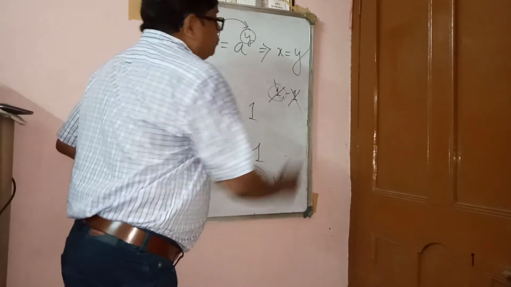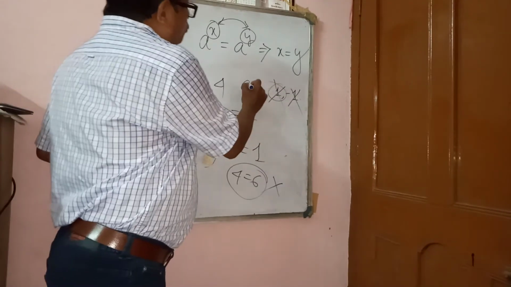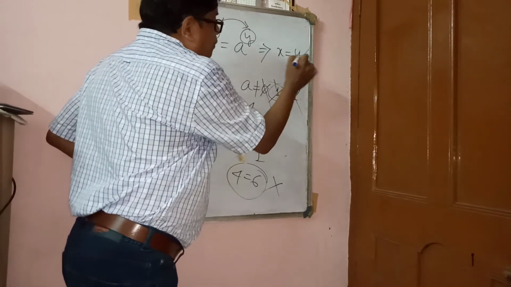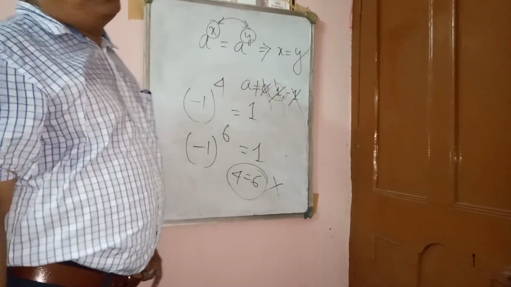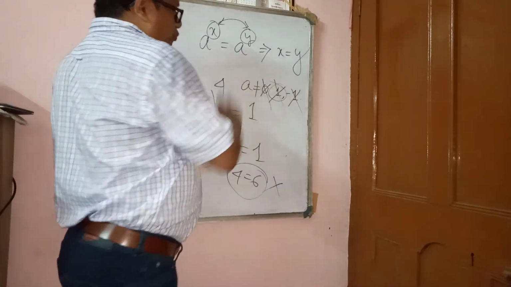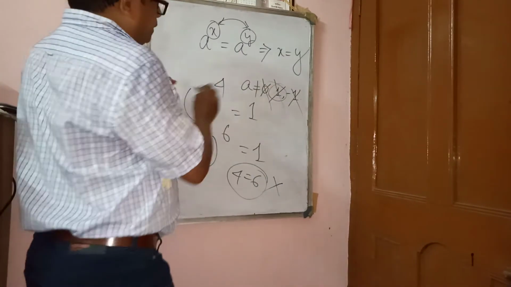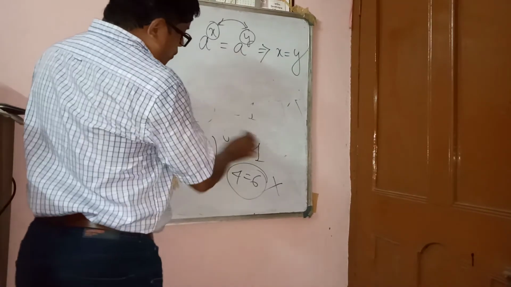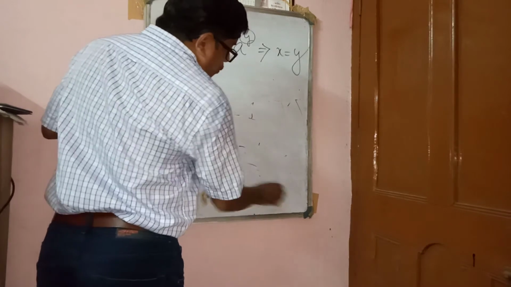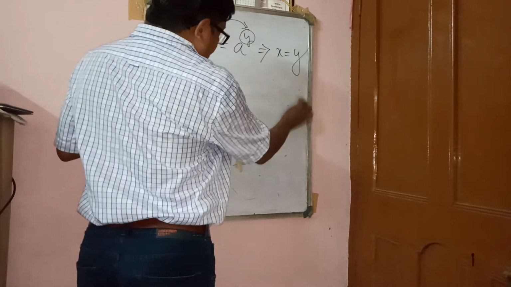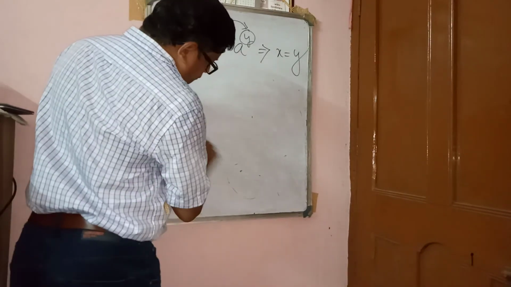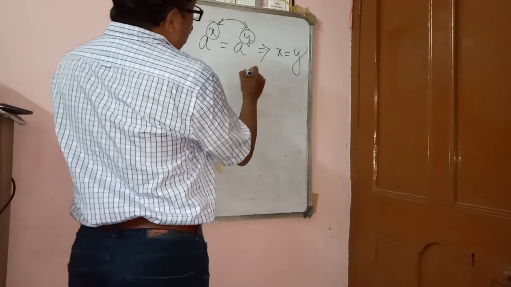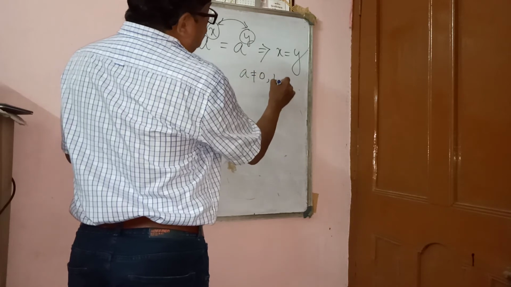So a not equal to 0, 1 or minus 1. Keep in mind, a to the power x equal to a to the power y holds when a is not equal to 0, 1 or minus 1.